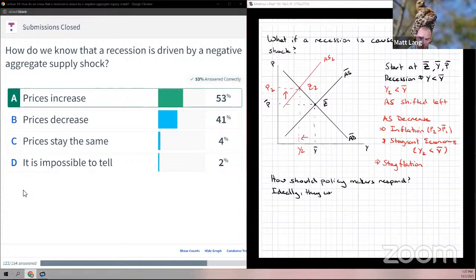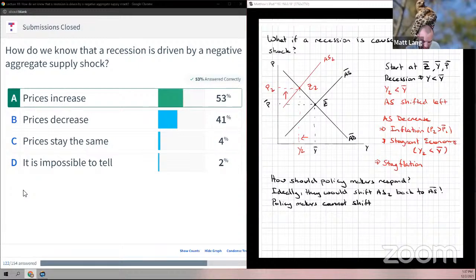AD went down, just shift it back. AD goes up, just shift it back. Just move that AD curve back to AD bar. But what's the problem? Policymakers cannot shift AS. Their only tool is to shift AD, okay?